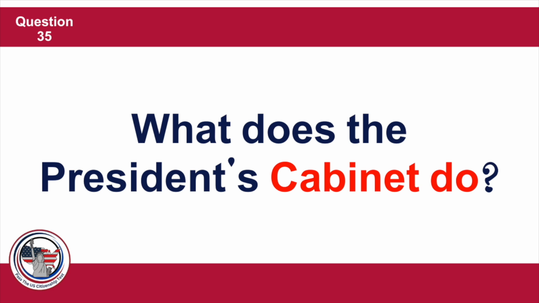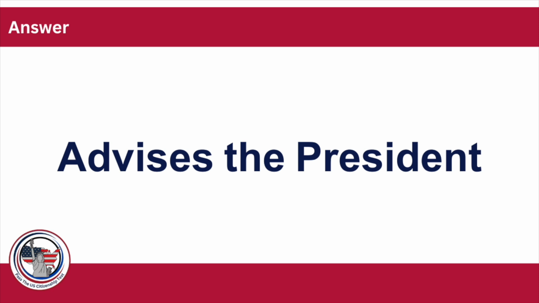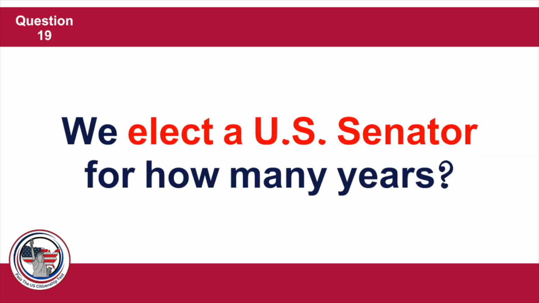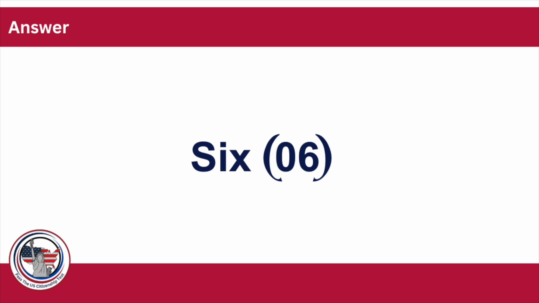What does the President's Cabinet do? Advises the President. We elect a U.S. Senator for how many years? 6.